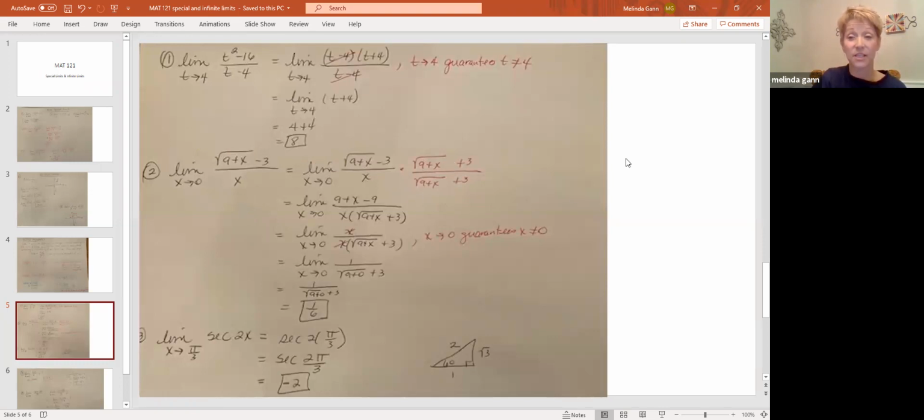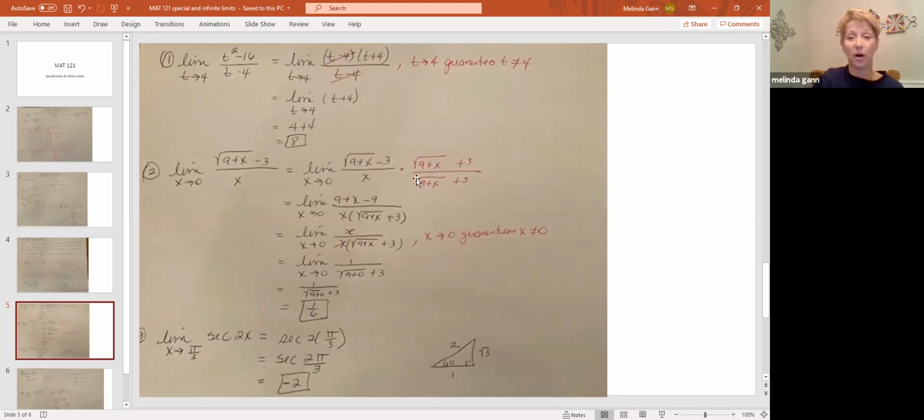The trick is to only multiply out where the root was originally. So this root was originally on the top, so I multiplied this top out. This root times this root just gave me 9 plus x. When I said this root times 3 minus this root times 3, those middle terms went out. And then minus 3 times 3 is 9.